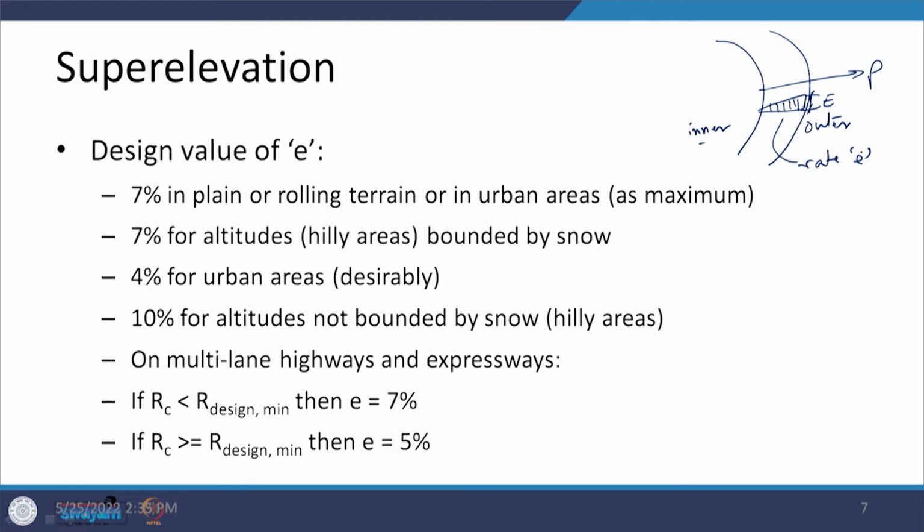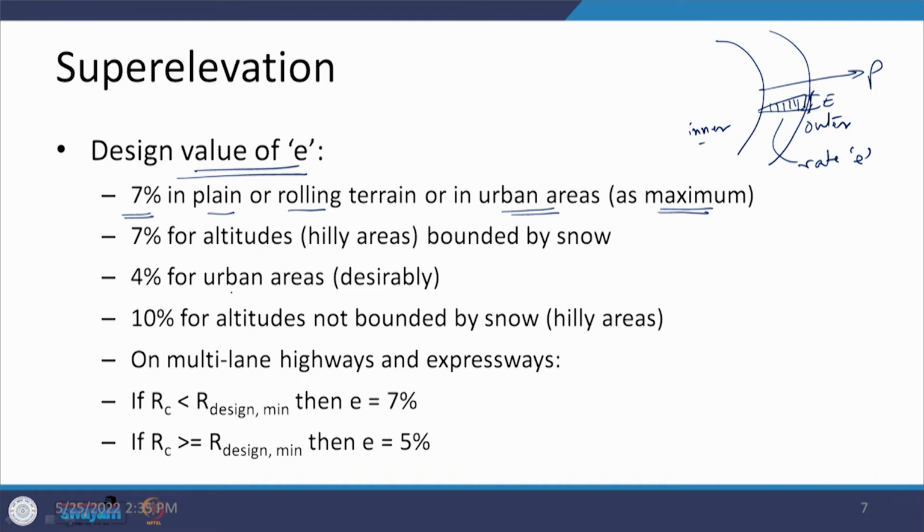So, when we are talking about this small e, there are design values of E. Though I have given you some idea about these design values in the previous discussion too, let us look at these values here. It says it is 7% in the plain and rolling terrain, and it is also being considered in the urban area as a maximum value.